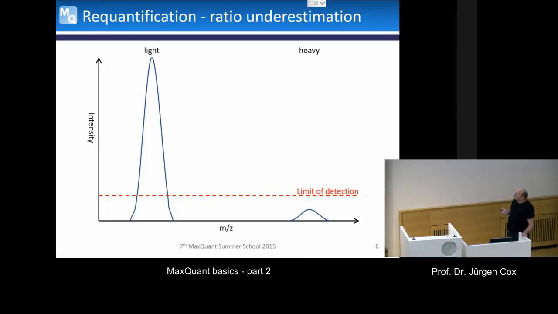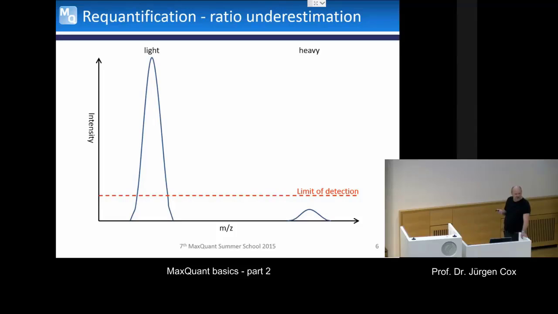In this cartoon, you have the light form of the peptide identified, so we don't draw isotope patterns now, just one peak, an abundant peak for the light form. But the heavy form would actually be below the limit of detection. That would be a case where we don't find a pair in the first steps of MaxQuant.